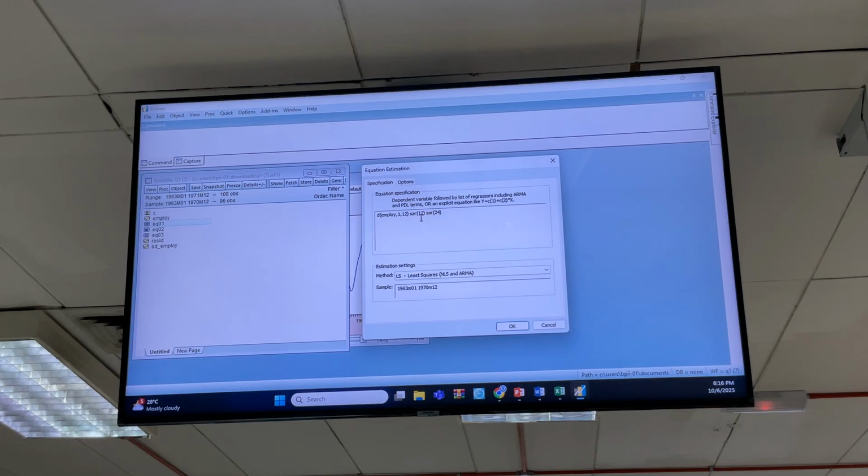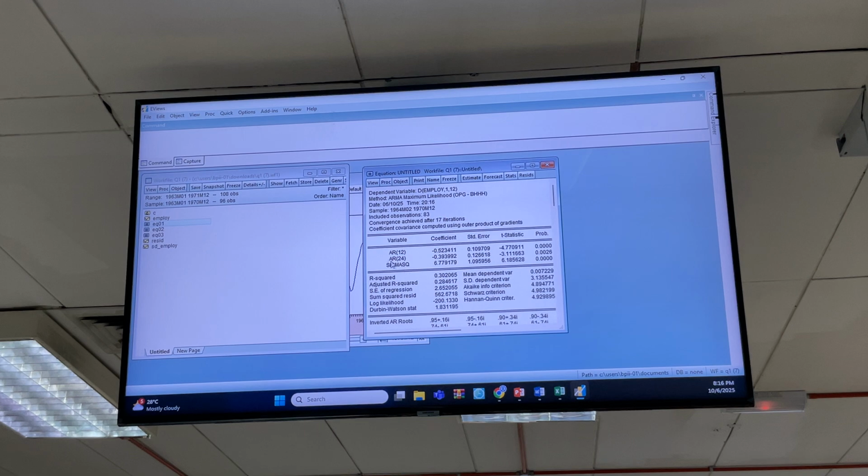So SAR1 we put 12, SAR2 we put 24 for monthly data. But when we click OK, it only appears as AR, because if there is no non-seasonal AR, the result only appears like this, but this is still correct. Okay, it is actually SAR1, SAR2.